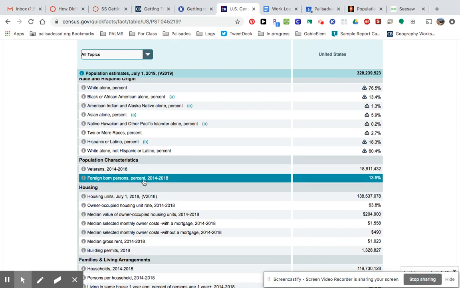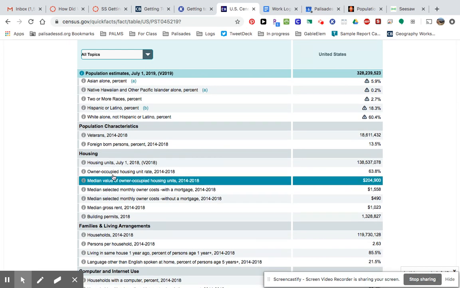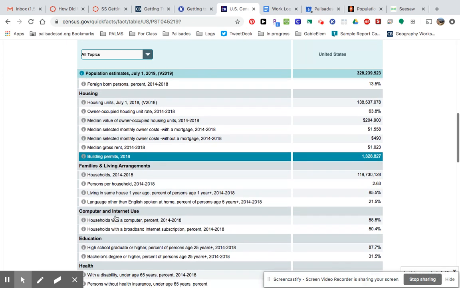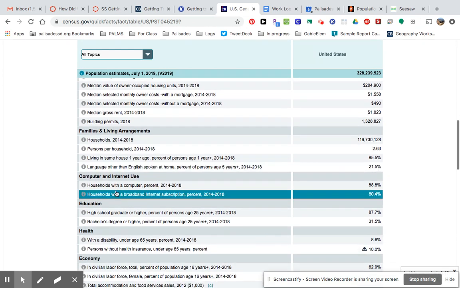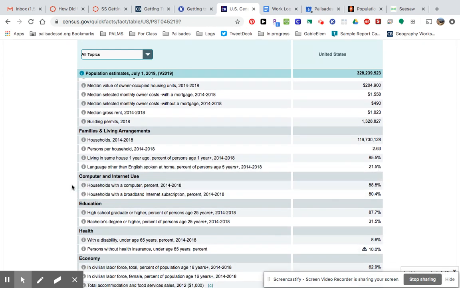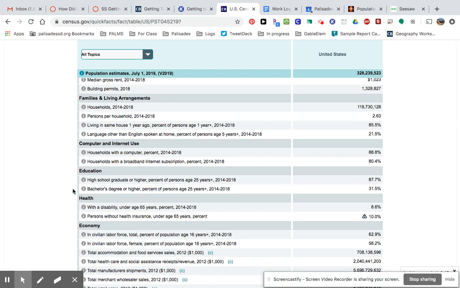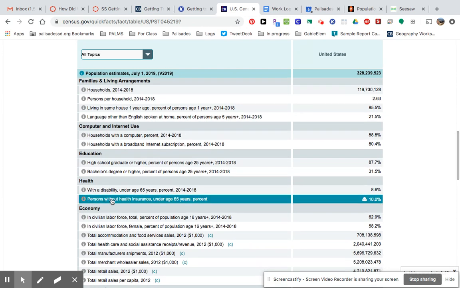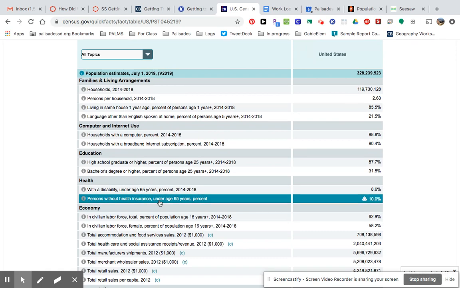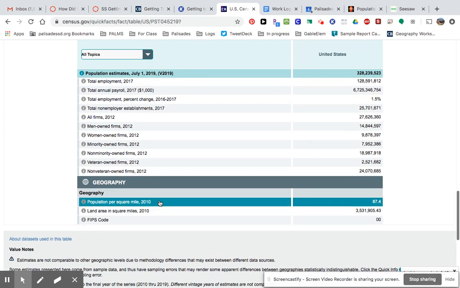How many people were born in other countries? What kind of housing do people reside within? What kind of computer and internet use do people have? Level of education, health. How many people do not have health insurance under the age of 65? And the list goes on and on.